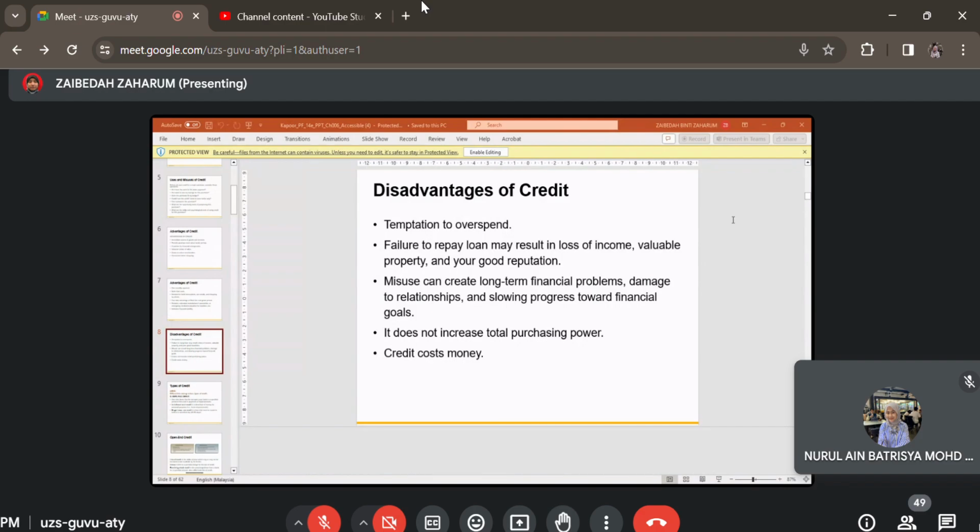Okay. Yang keempat, it does not increase total purchasing power. Kat sini, while credit provide individuals with the ability to make purchases before having the necessary fund, it does not actually increase their total purchasing power.